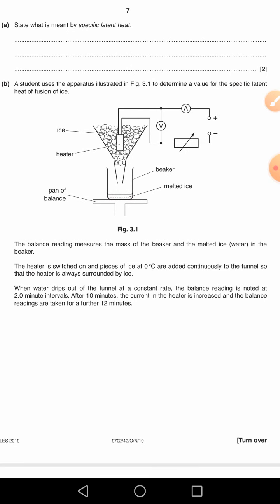The heater is switched on and pieces of ice at 0 degrees Celsius are added continuously to the funnel, so that the heater is always surrounded by the ice. The water drips out of the funnel at a constant rate. The balance reading is noted at 2-minute intervals. After 10 minutes, the current in the heater is increased and the balance readings are again taken for a further 12 minutes.